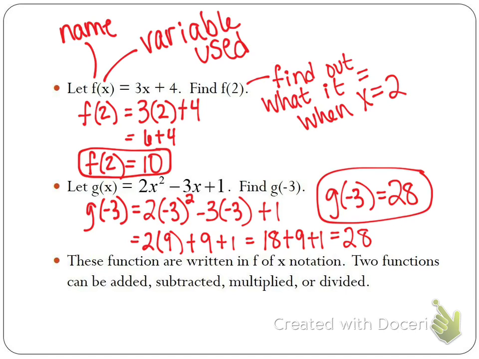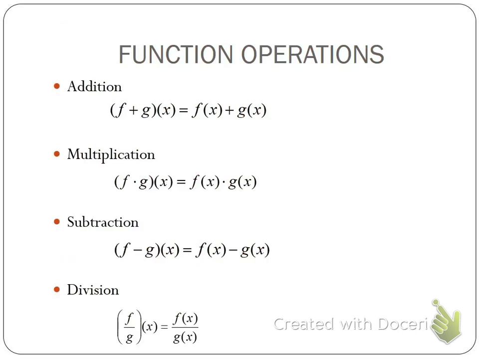Okay, down at the bottom it says these functions, should have an S on function, these functions are written in f of x notation. Two functions can be added, subtracted, multiplied, or divided. Those are all things we can do with functions. All right.